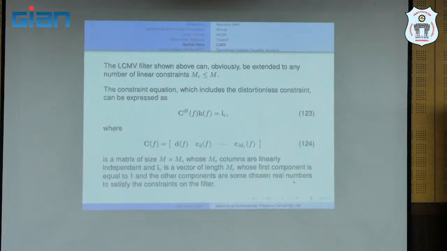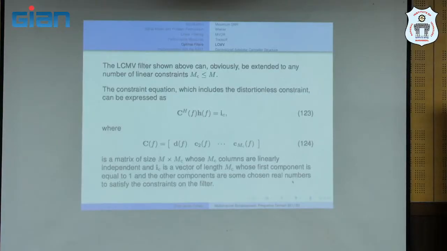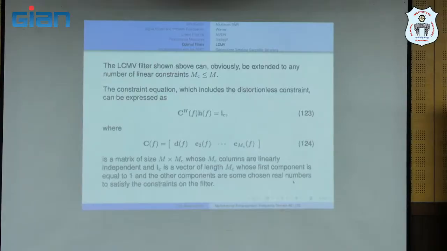We have interferences from certain directions, but we don't have them all the time. Sometimes we have them from this direction, sometimes from this direction. But we don't have a detector for these interferences. So we put a null to this direction and to other directions, even though we don't detect them, because sometimes they appear, sometimes they disappear. Somebody tries to interfere with us.